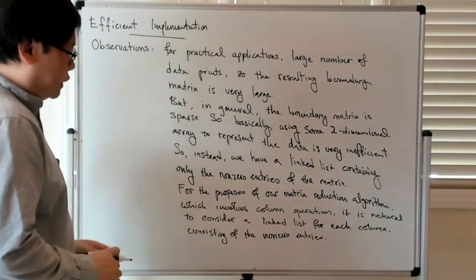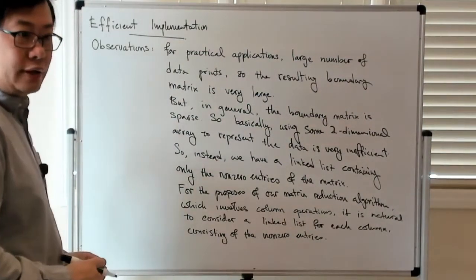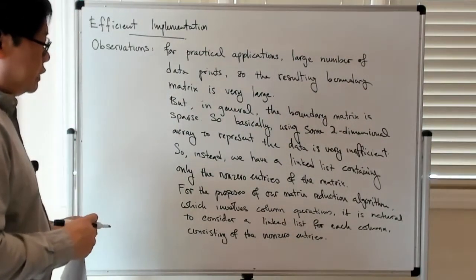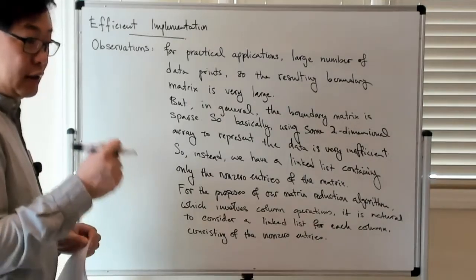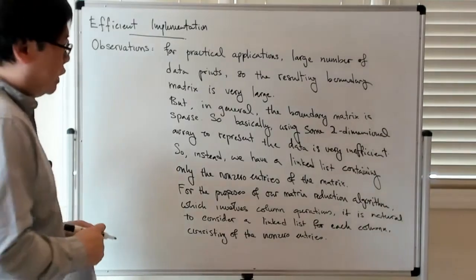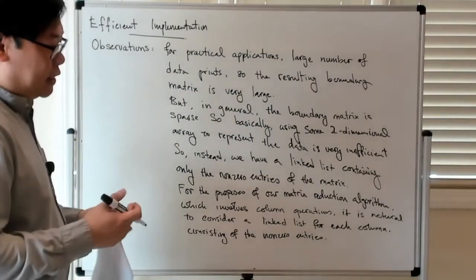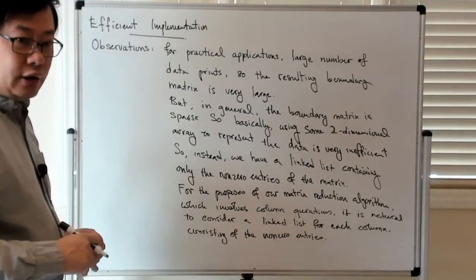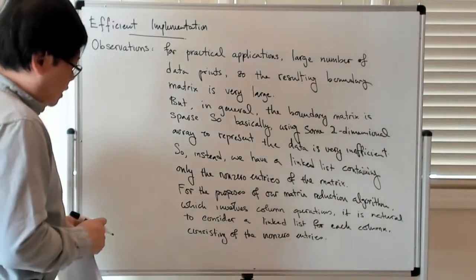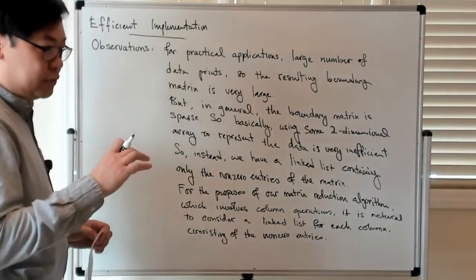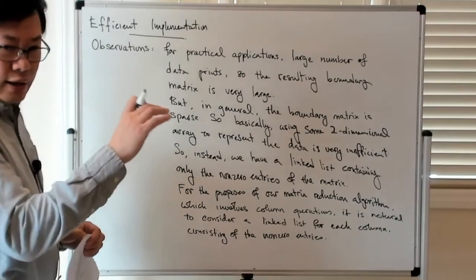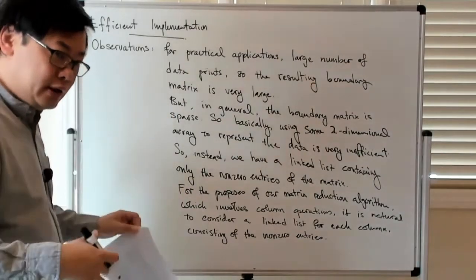The other thing, of course, in our matrix reduction algorithm is that there's this distinguished role which the lowest one plays. And given that you want to be able to access that information very efficiently, it makes sense to have that lowest one at the top of the linked list as opposed to the bottom.